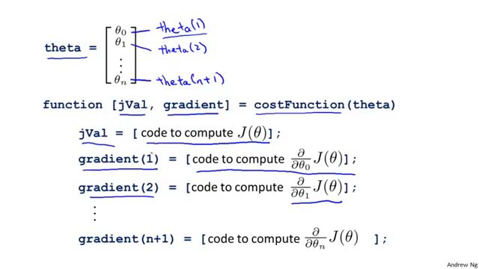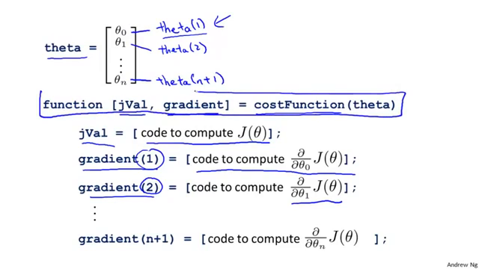And once again, this is gradient 1, gradient 2, and so on, rather than gradient 0, gradient 1, because Octave indexes its vectors starting from 1 rather than from 0. But the main concept I hope you take away from this slide is that what you need to do is write a function that returns the cost function and returns a gradient.